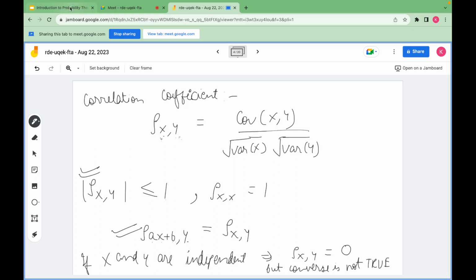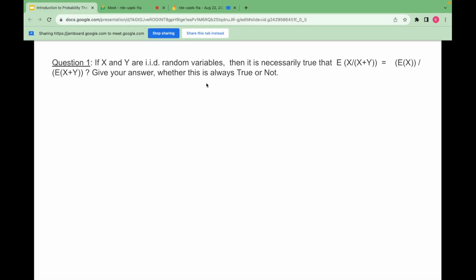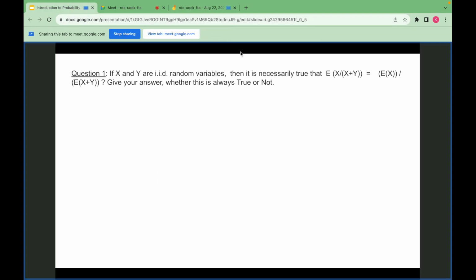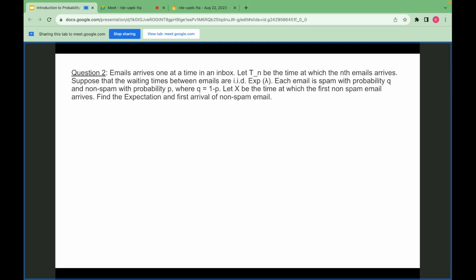So this is the first question. If X and Y are independent and identically distributed random variables, then it is necessarily true that the expectation of... okay, this is on conditional expectation, so we will take this question after solving other questions.